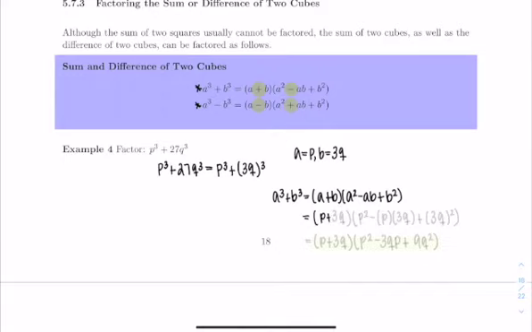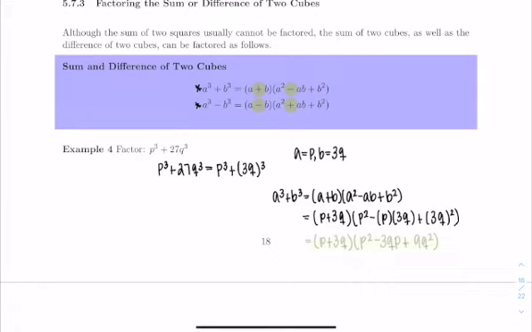So you have p plus 3q times, we've got p squared minus p times 3q plus 3q squared.